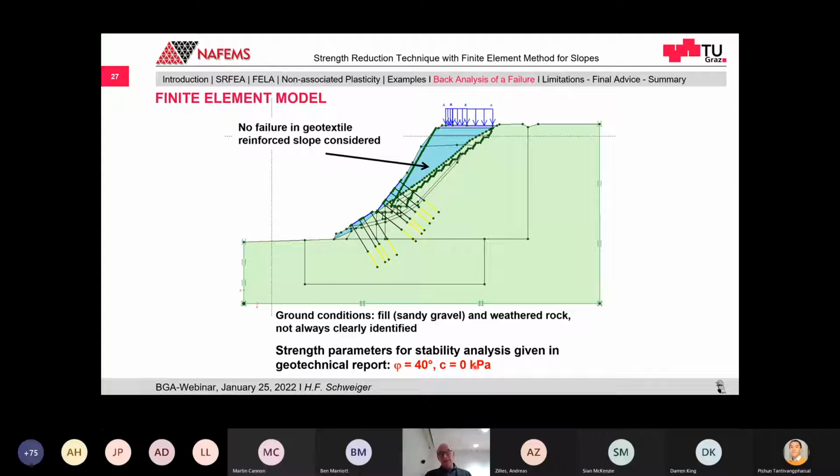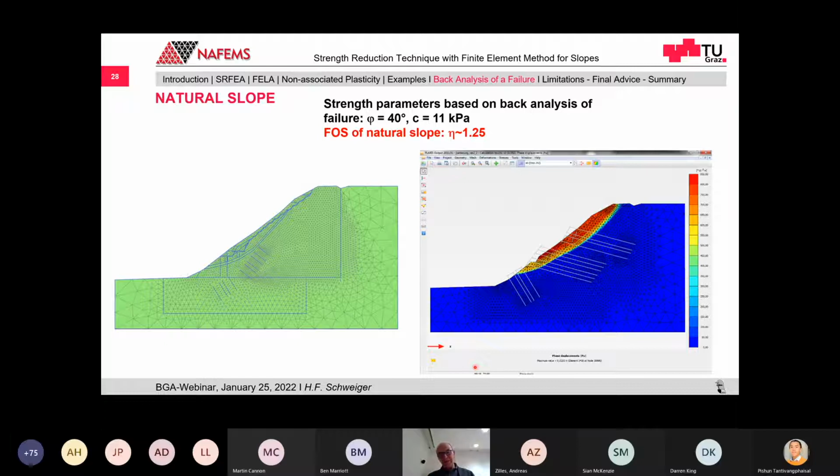Now, when we did a back analysis, and actually it didn't take long, so I think Franz did it, and it was just maybe 2 or 3 hours to do that. What we found out is that the strength parameters based on the back analysis were 40 degrees.